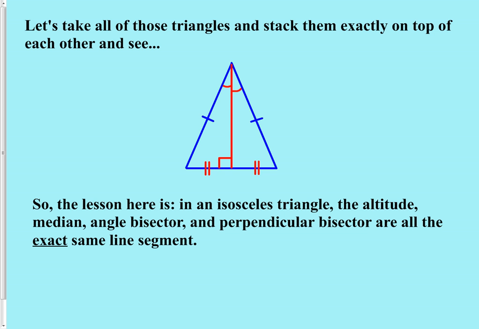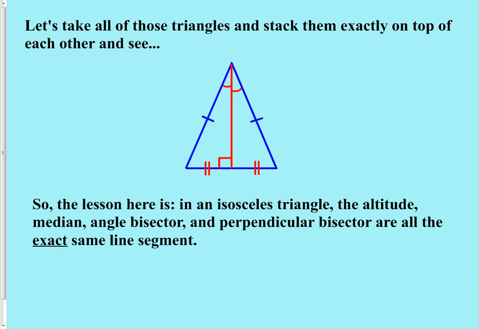Okay, and that's going to be important, because what that means is if you have an isosceles triangle and you discover any of those 4, just a median or just an altitude or just an angle bisector or just a perpendicular bisector, that will mean that the properties of all 4 of them will apply if the triangle is isosceles.